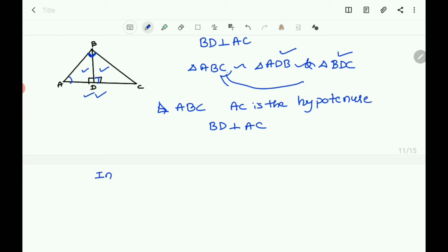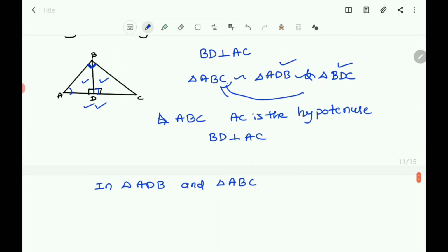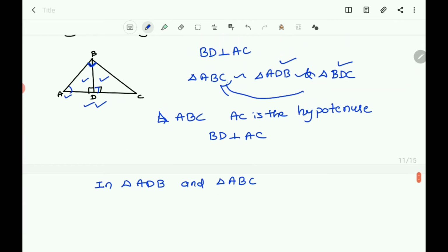In triangle ADB, which is newly formed, and triangle ABC, that is the original triangle, you know that angle A is the angle of both the triangles ADB and ABC. So you write angle A is equal to angle A. The reason you can give here is common angle.